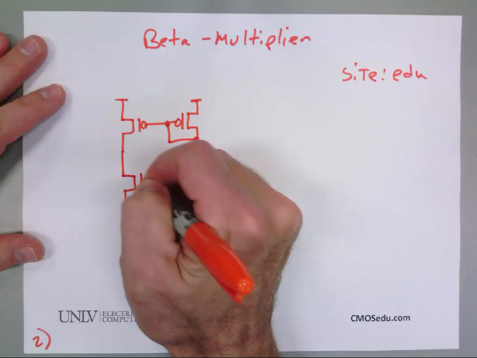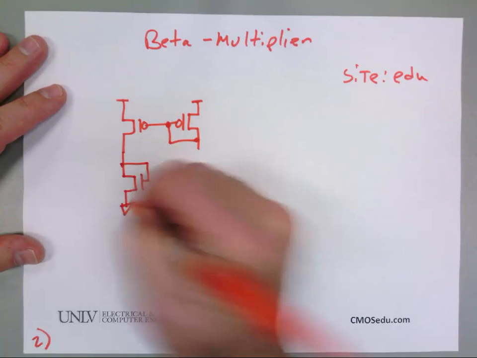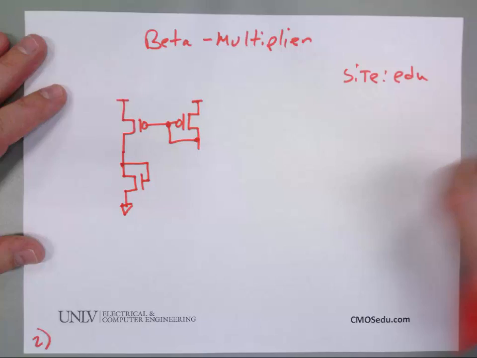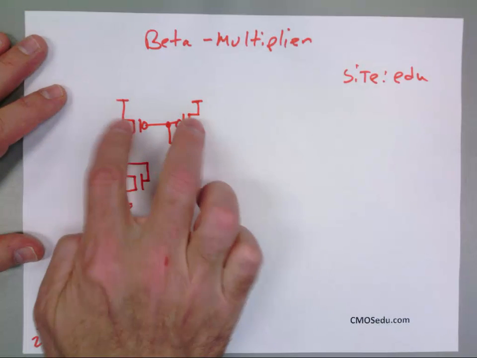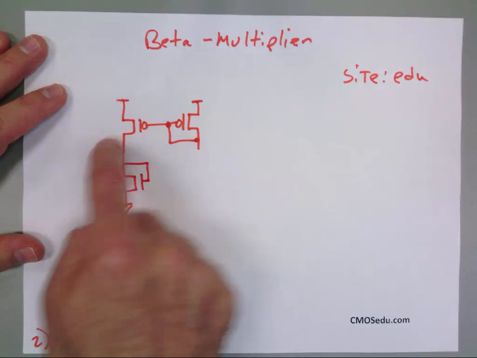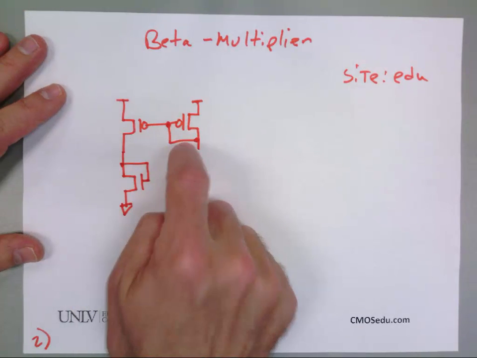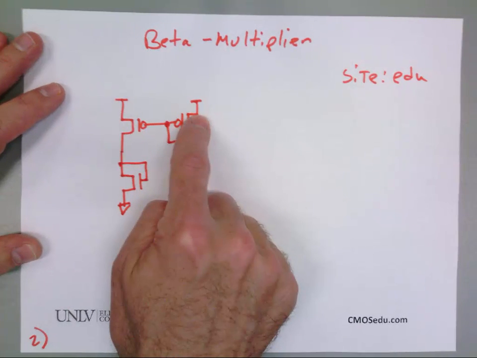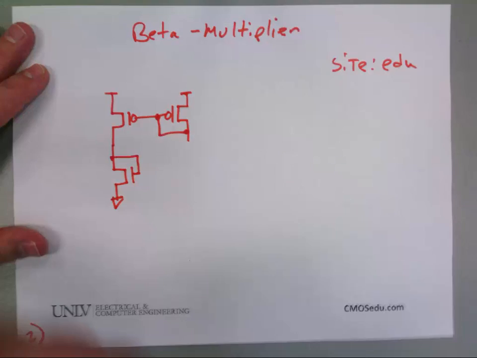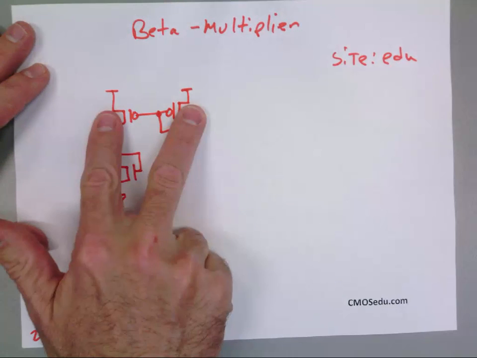I'm going to make my normal size device. So I'm going to ask, before I finish drawing the circuit, I want these to have the same current, but does everybody see why I can't put the gate drain connected device over here and I have to put it on this side for the PMOS? Explain in simple terms why I can't just flip these.